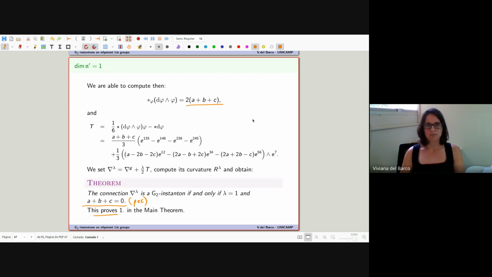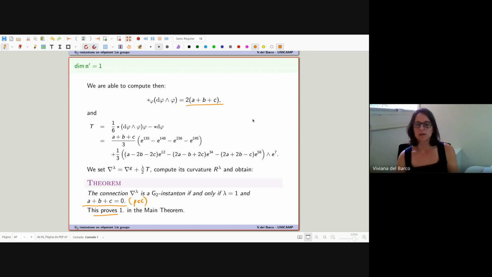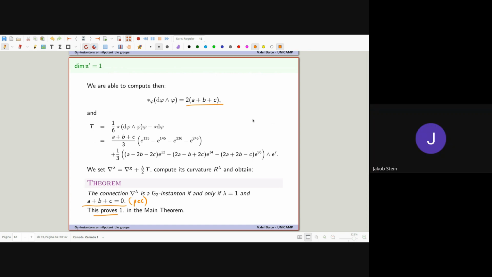Yes, there is a question. Is the holonomy of this in SU3 then? Yes, indeed. The dimension of the complement to n prime is the dimension of the holonomy group of the resulting connection. So is it the case that the dimension of the complement to n prime is always the dimension of the holonomy group of the resulting connection?